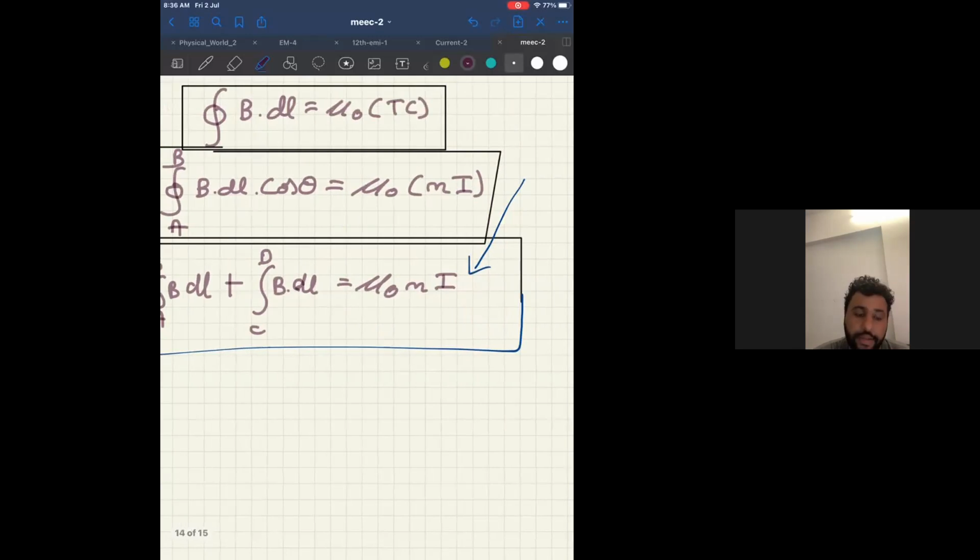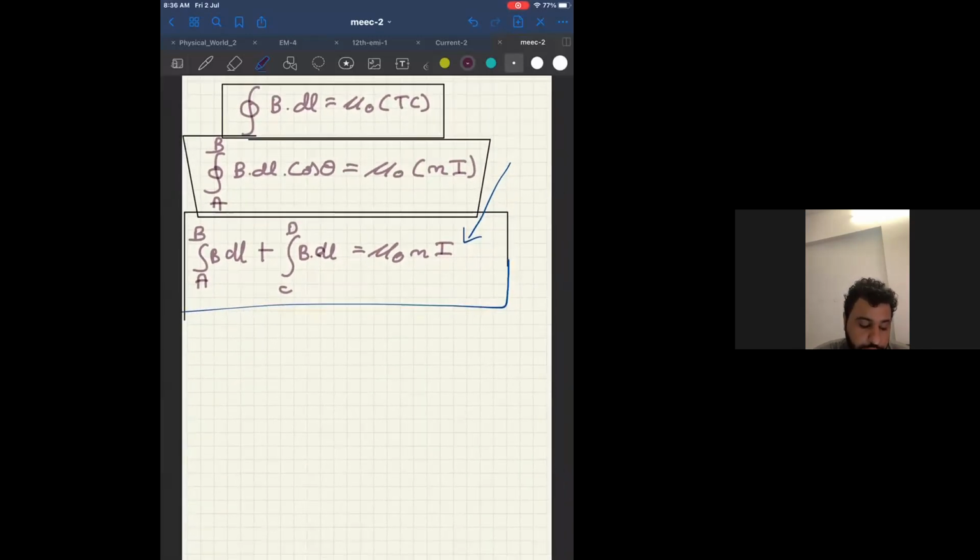Yes, sir. Therefore, it is not zero, but I will ignore this term. I will ignore it because this is outside my solenoid. If I ignore that term, tell me what I will be left with. We are left with integration of A to B of B DL is equal to mu naught I. Correct?